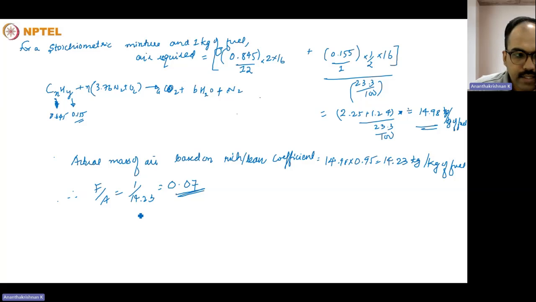So we need to calculate the specific volume of air and the specific volume of the fuel at this particular temperature, and from there we can get the mass flow rate of the air.